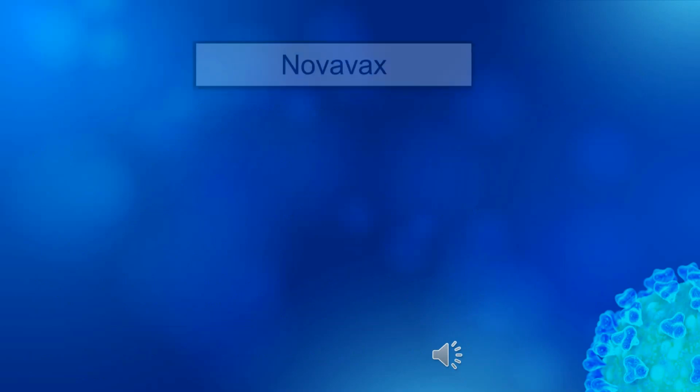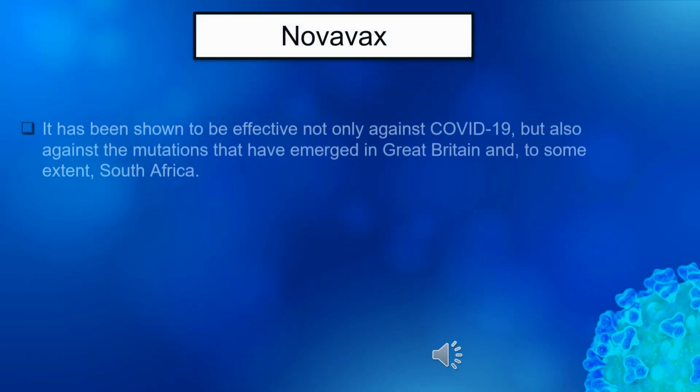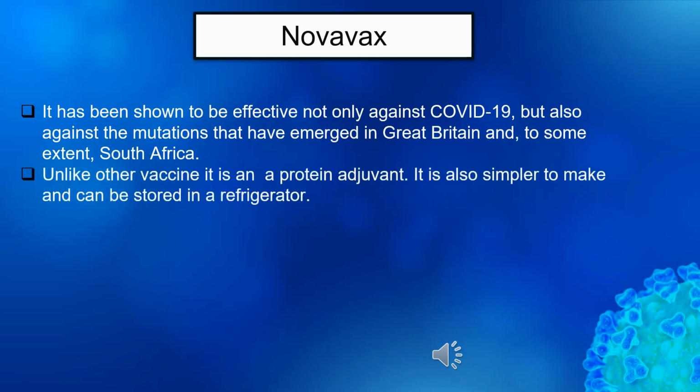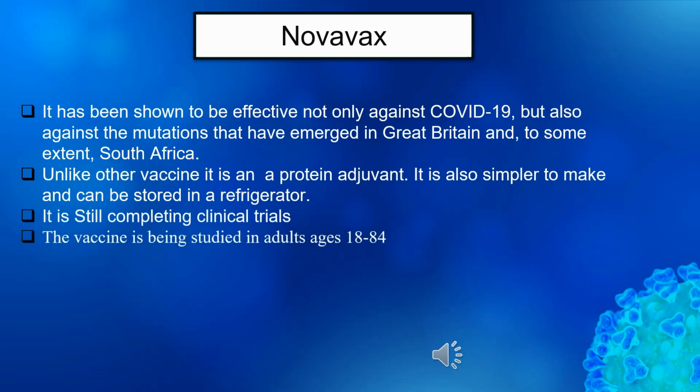The second one is Novavax. It has been shown to be effective not only against COVID-19, but also against the mutants that have emerged in Great Britain and South Africa. Unlike other vaccines, it is a protein adjuvant. It is also simpler to make and can be stored in a refrigerator. It is still completing clinical trials. The vaccine is being studied in adults, ages 18 to 84.